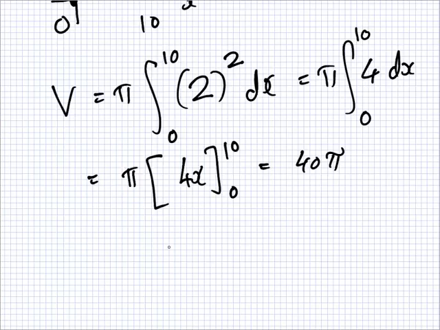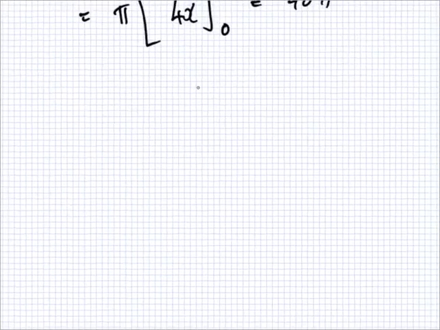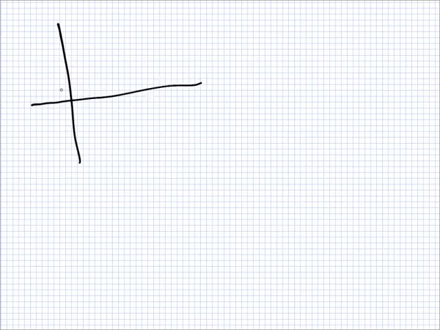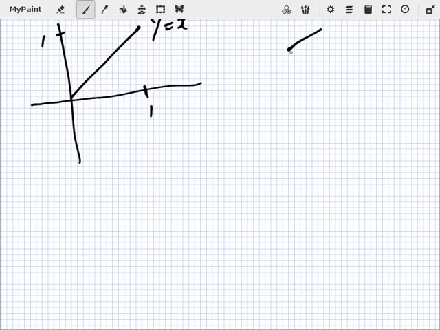Let's do another example. Let's do a cone. Can I scroll down? So I have a shape like this. y equals x, and we'll say this is 1 and this is 1. So I know that this shape will make a cone. And I think its volume will be pi over 3 when we do it.